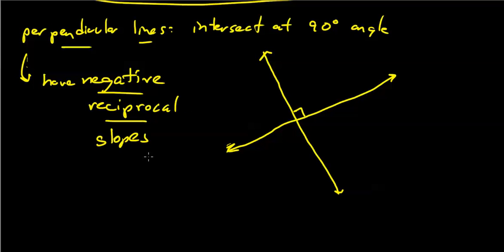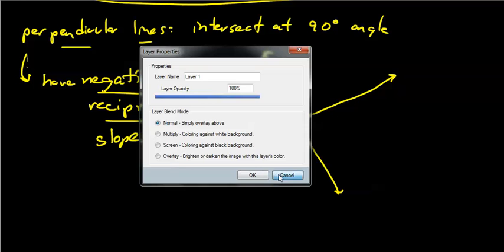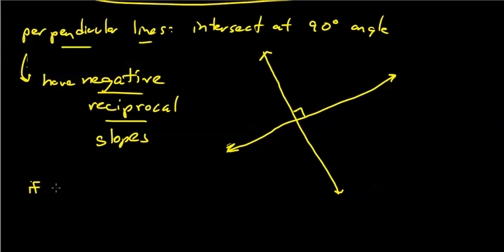If line 1 has a slope of minus 3, and I ask what is the slope of line 2, assuming they are perpendicular lines, what would the slope of line 2 be?